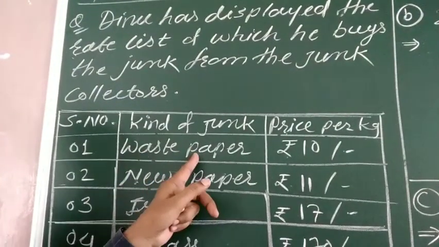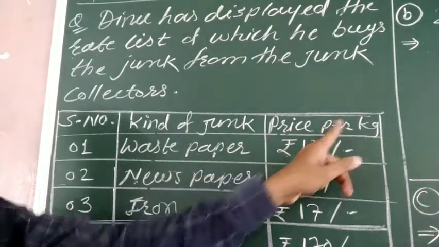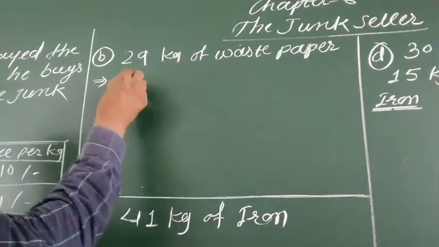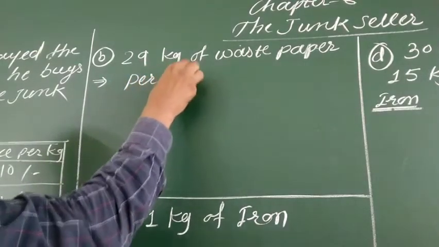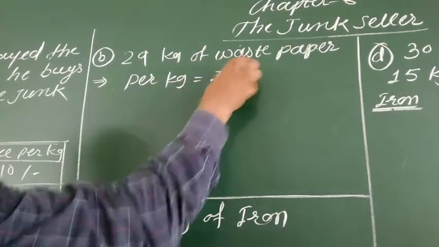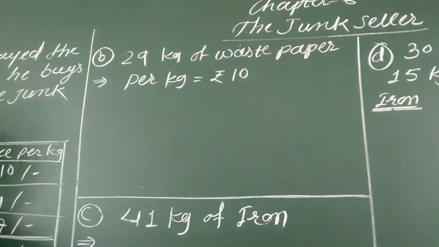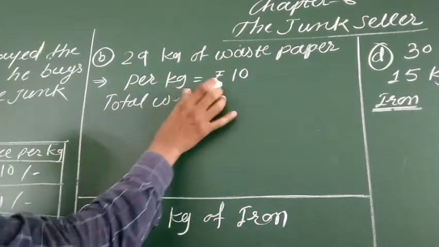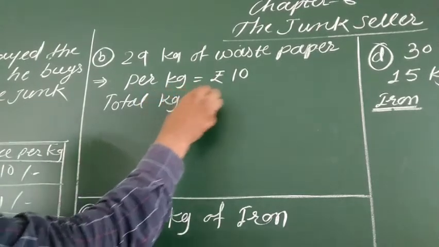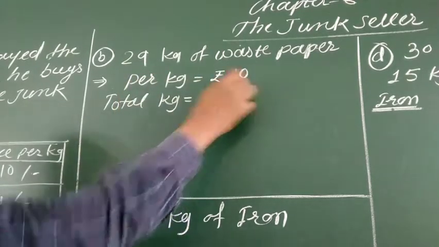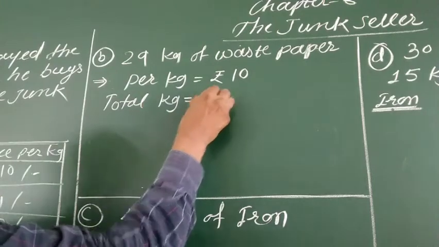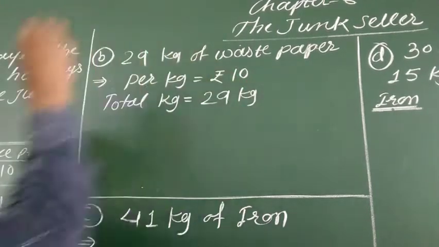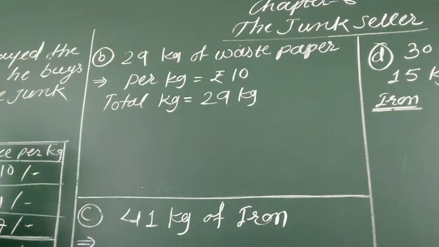See, waste paper, the price per kg is rupees 10. What do we have to write here? Per kg कितना है? रुपीज 10. Then total weight, टोटल kg कितना है बेटा? 29 kg.